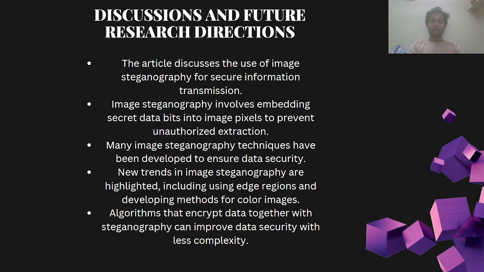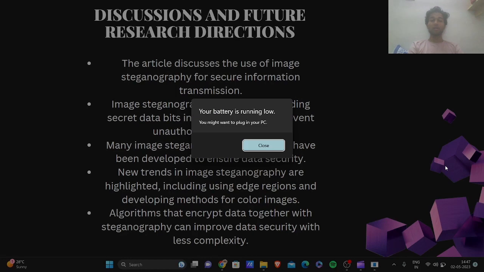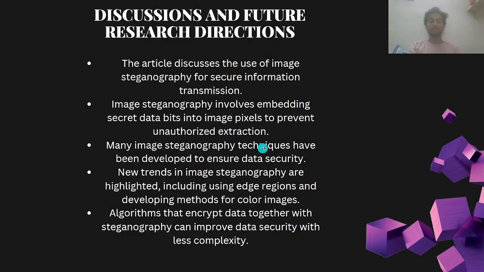Next point is hiding data into the frequency coefficients of an image provides security to the data, but provides less capacity and is a complex method. Therefore, a robust algorithm should be developed in the spatial domain to improve data security with less complexity, for which the encryption of data together with steganography can be helpful.